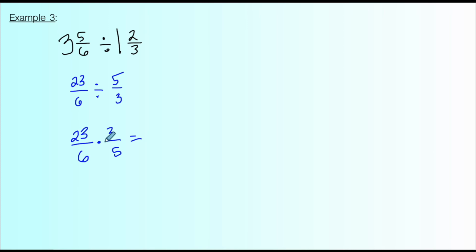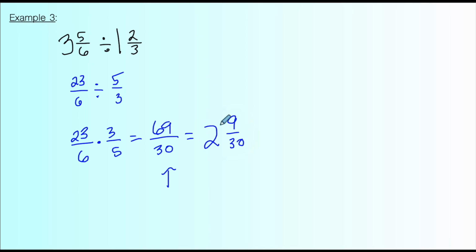All right, so now a little bit of multiplication here. 23 times 3 is 69. 6 times 5 is 30. And now to simplify this, I'm going to make it into a mixed number. 30 can go into 69 twice with 9 left over. 2 and 9/30.